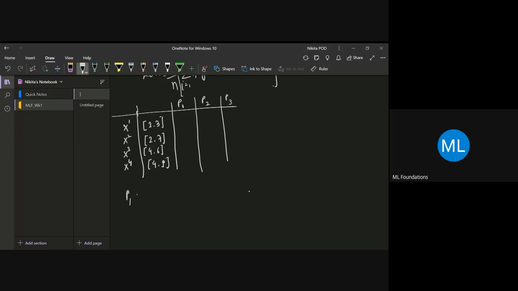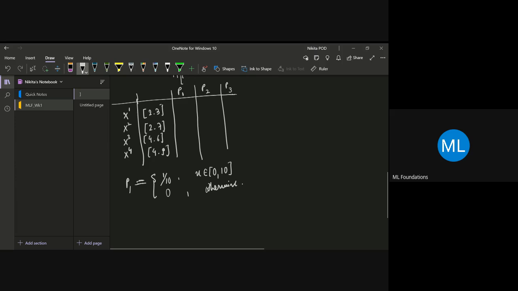P1 is defined as 1 by 10 when x belongs to 0 to 10. And if x doesn't belong to 0 comma 10, P1 gives me 0.